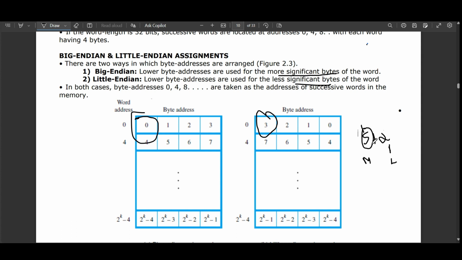Suppose I'm given the same data 572, this 5 will be placed here, as lower byte addresses are used for the more significant byte, meaning the lower byte address named 0 will be used for this more significant byte, and at the address named 3, the less significant byte will be placed.